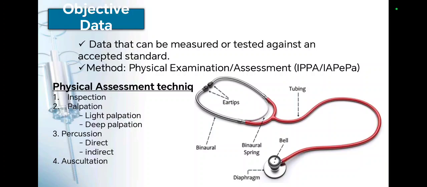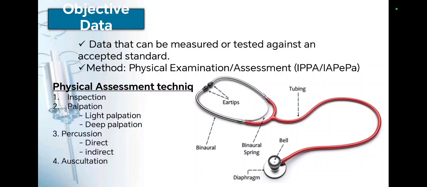Now, for your dullness, this is usually assessed when you're percussing the liver and the spleen because these are dense organs, meaning there's no space in the middle of this type of organ. Now, we have also your resonance.